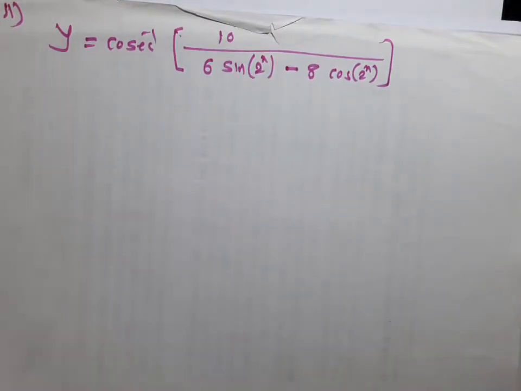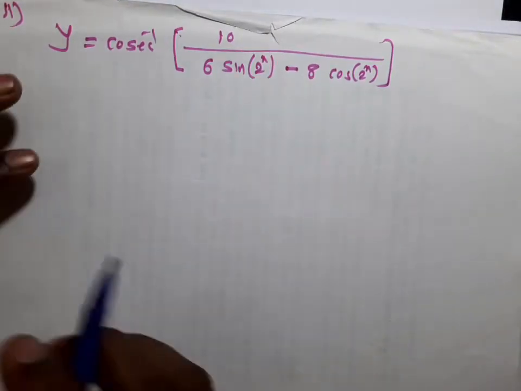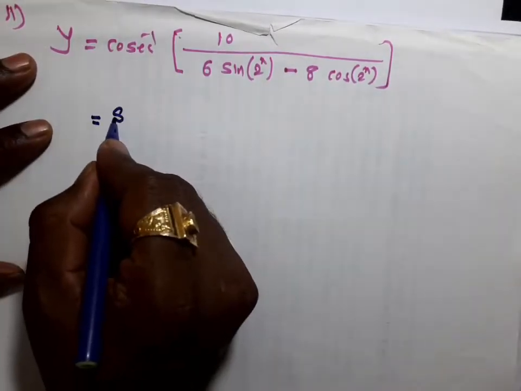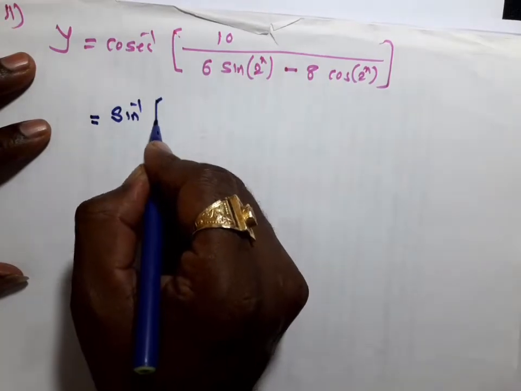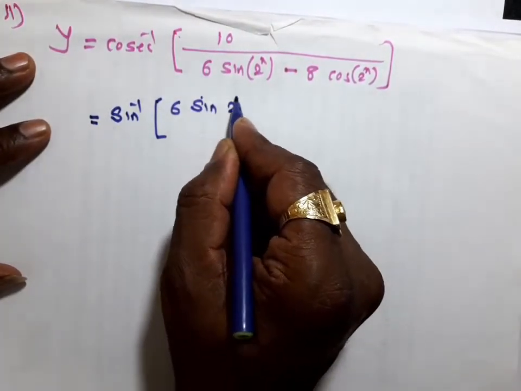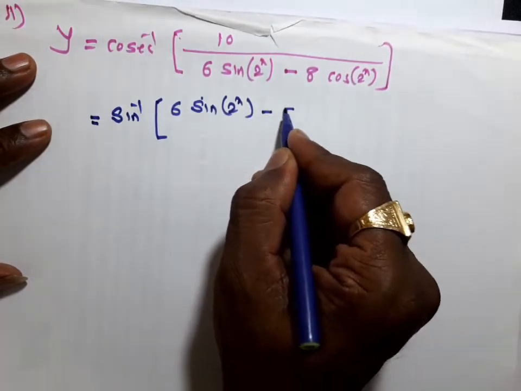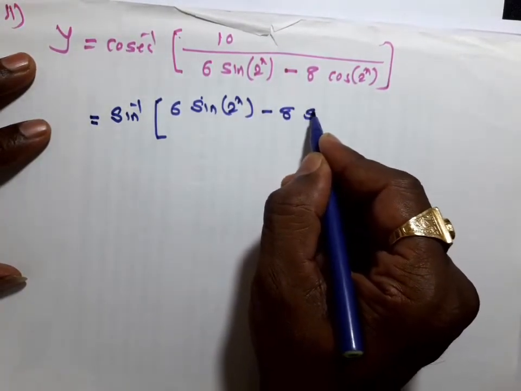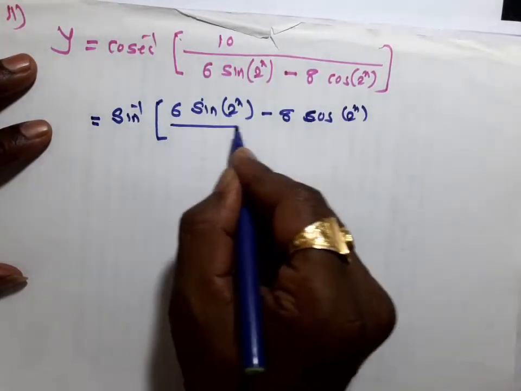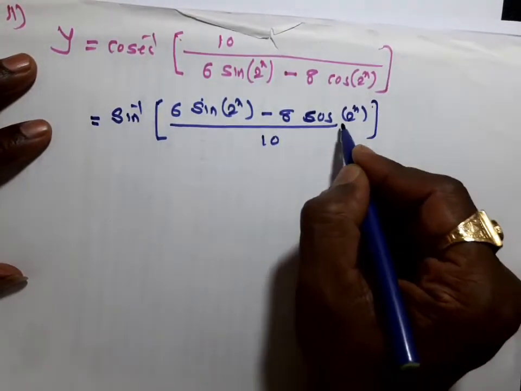First of all, convert this cosec in terms of sine. This is nothing but sine inverse of 6 sine 2 raised to x minus 8 cos 2 raised to x upon 10.